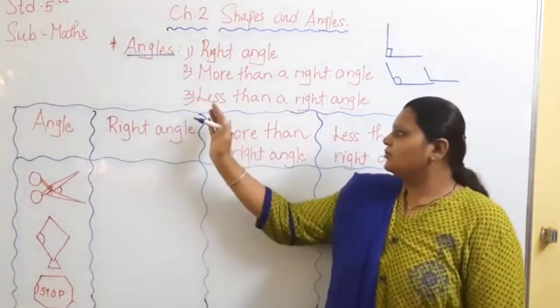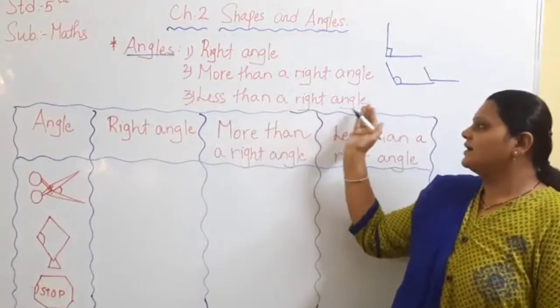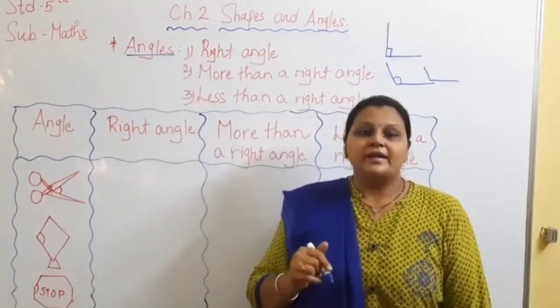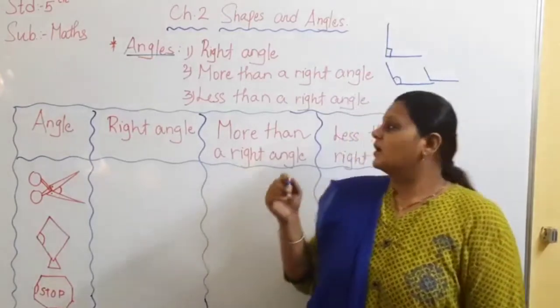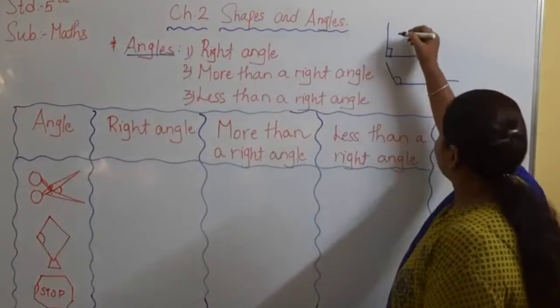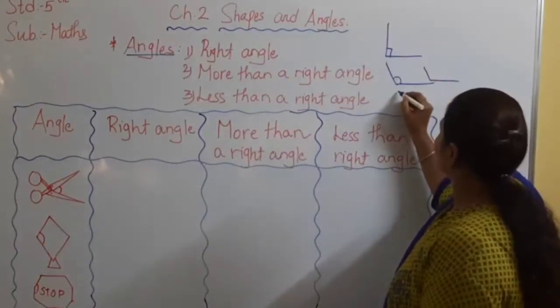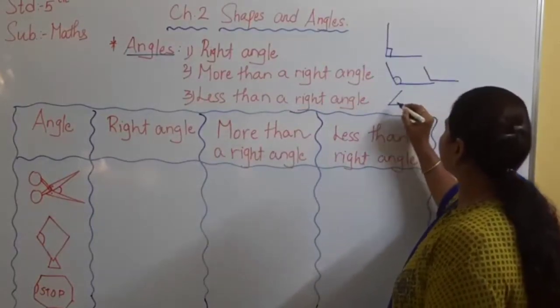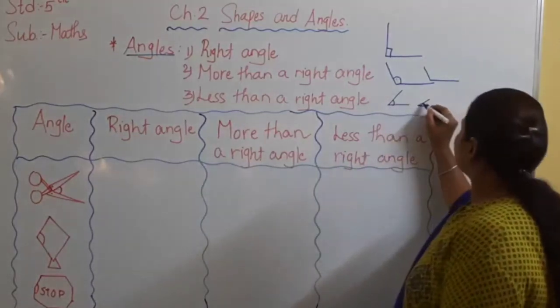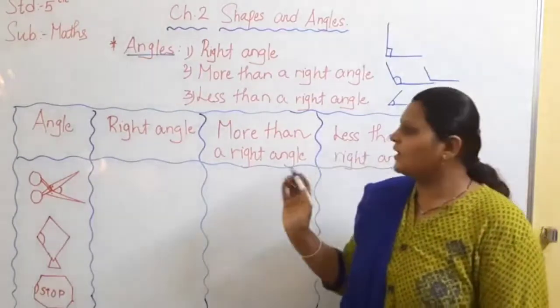Moving to the next, less than a right angle. An angle which measures less than 90 degrees is called less than a right angle. So this is 90 degrees. Less than means we can draw a figure like this. This is less than. It can be any. Okay.